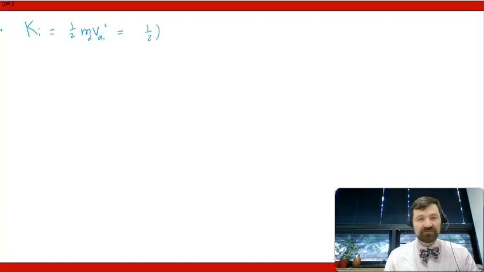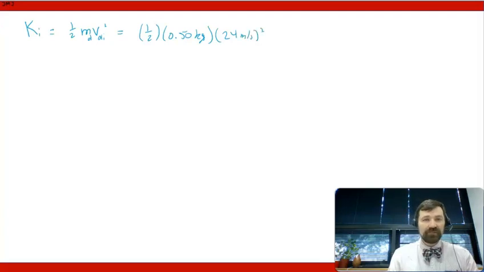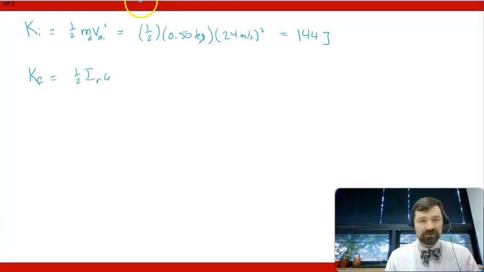So that is 1/2 times 0.5 kilograms times this initial speed, 24 meters per second, squared. That ends up giving me a total of 144 joules.